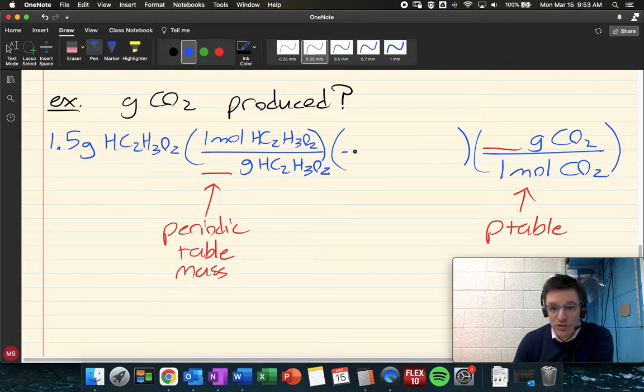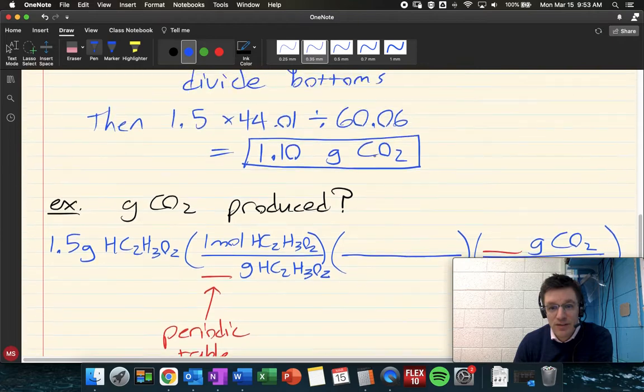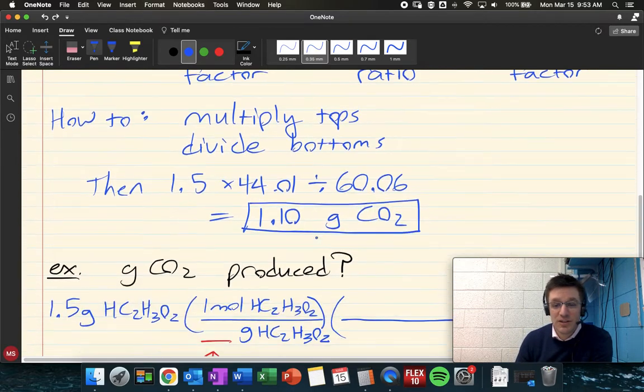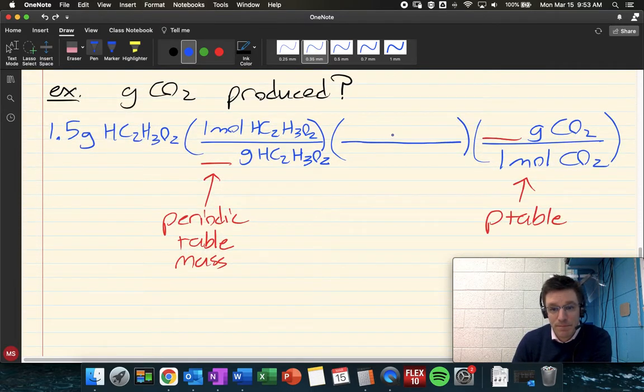The mole ratio, where do I get the numbers from those? I had 1s in there. If we look back up here, I had a 1 over 1. How did I come up with those numbers? I will tell you that sometimes they're not that same number. But first I'll put the units in. And these numbers come from the balanced equation.